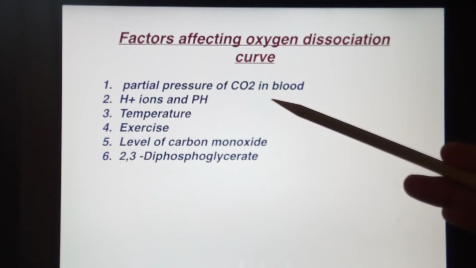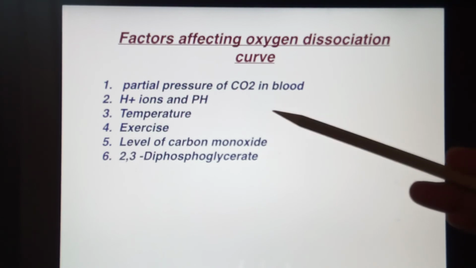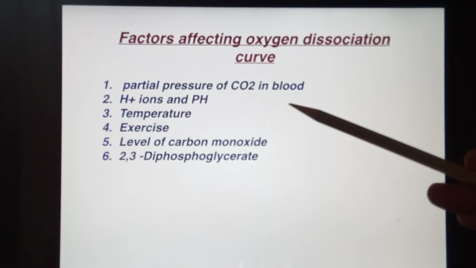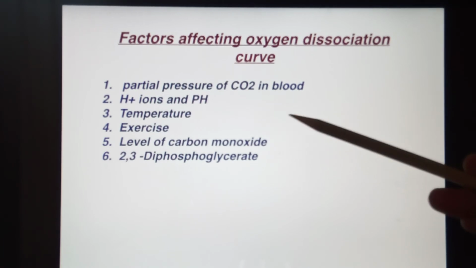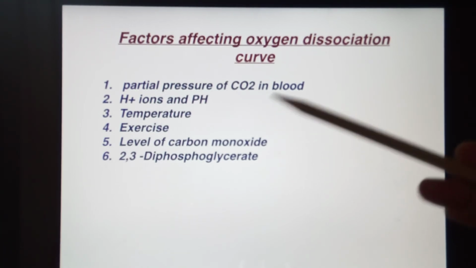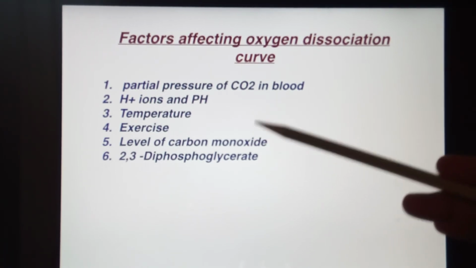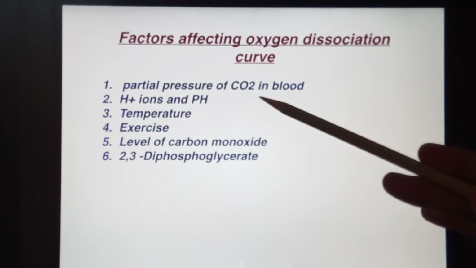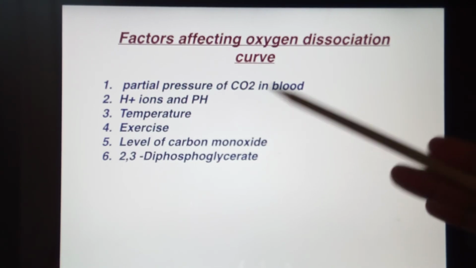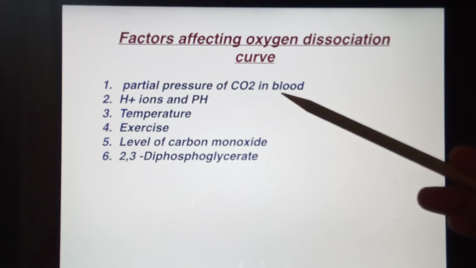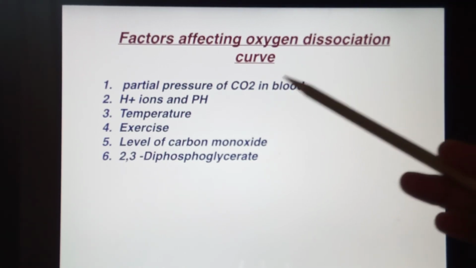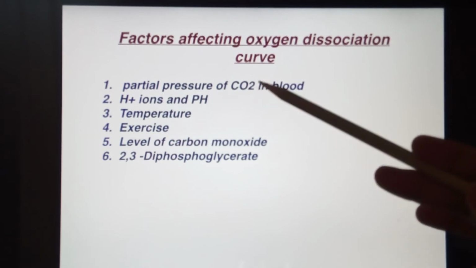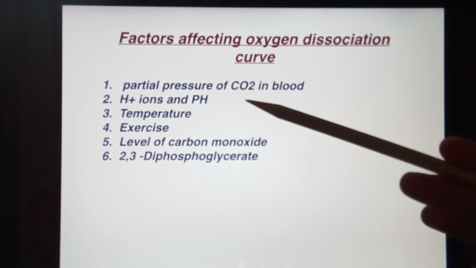Hemoglobin binds with both oxygen and carbon dioxide. When the partial pressure of oxygen is higher, hemoglobin attaches with oxygen, but in the tissue the partial pressure of carbon dioxide increases, so hemoglobin detaches from oxygen and attaches with carbon dioxide. That's why carbon dioxide affects oxyhemoglobin.